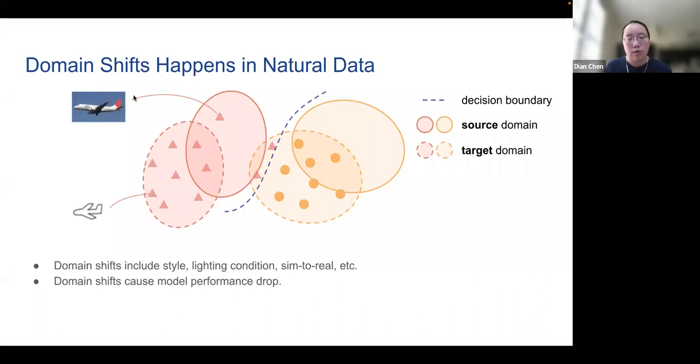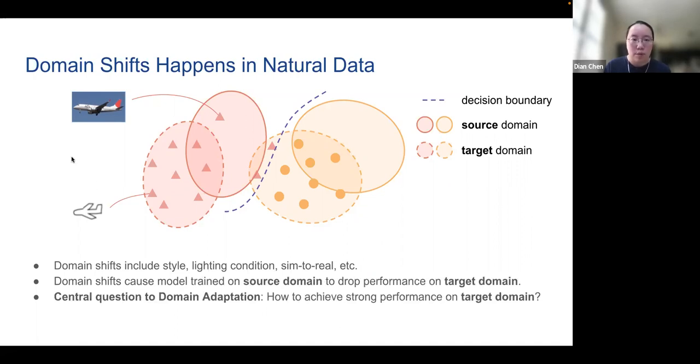So, to give you a more concrete example, in a source domain, let's say you are concerned with real images of a plane, and after this domain shift, it might just be a doodle version of the plane. So that essentially tells you why domain adaptation is interesting and why the model performance is dropping.